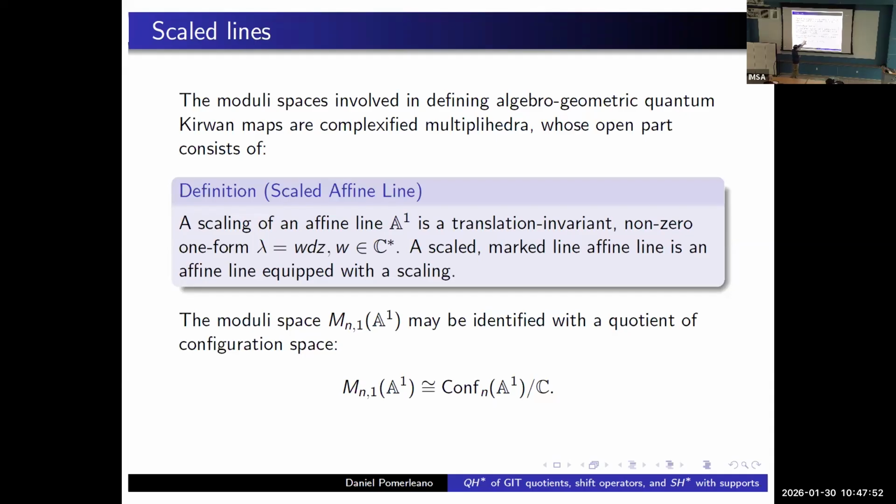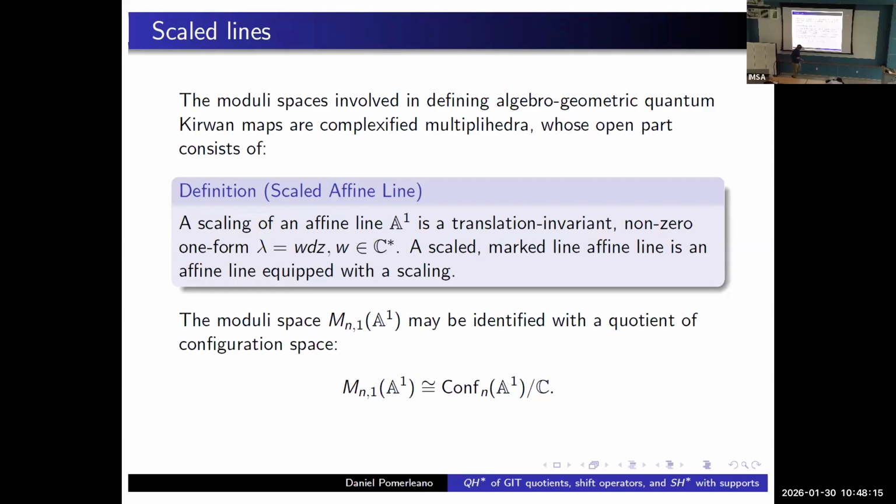The moduli space will be: you have A1, with n marked points on A1, and you also have a non-zero translation-invariant 1-form.